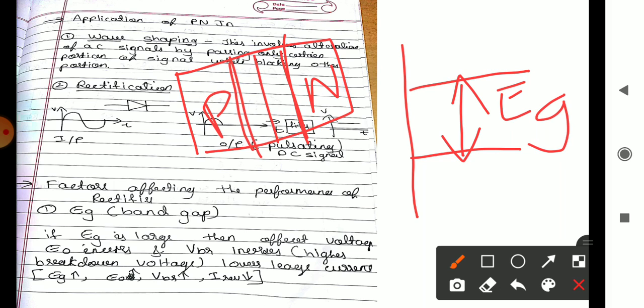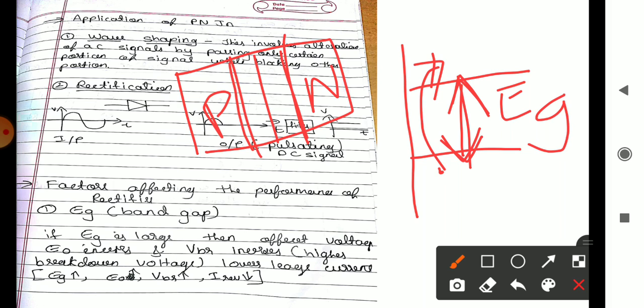For example, if this gap is large, a greater temperature is required to excite electrons from the valence band to the conduction band. As well, if the gap is more, the EHPs generated are fewer. So when there is a large gap, that will also affect the process of rectification.